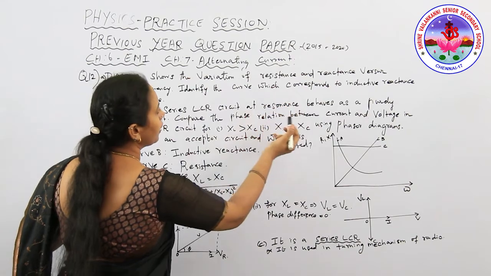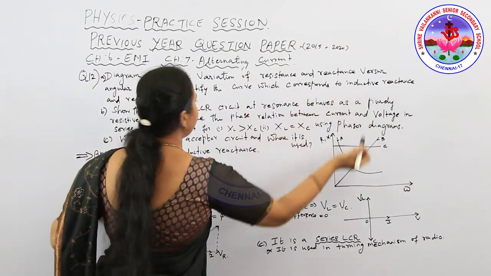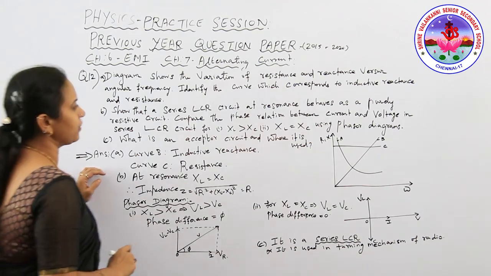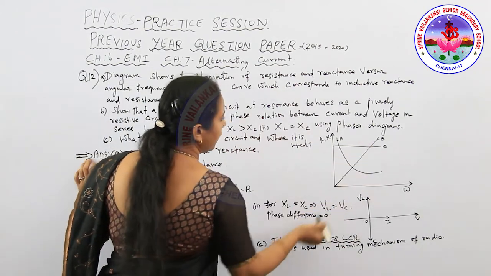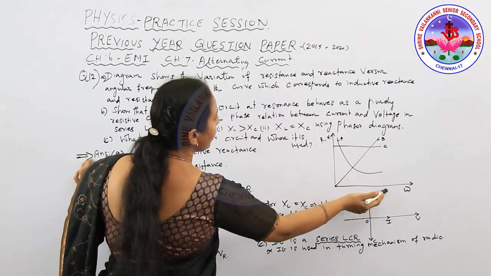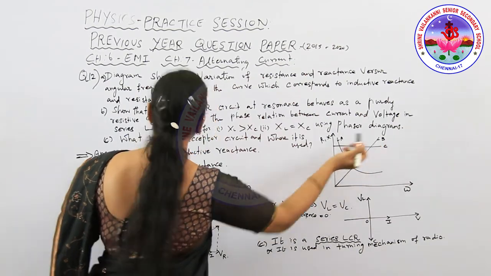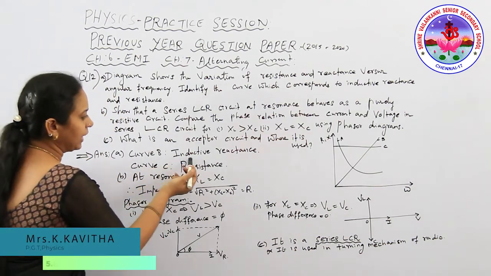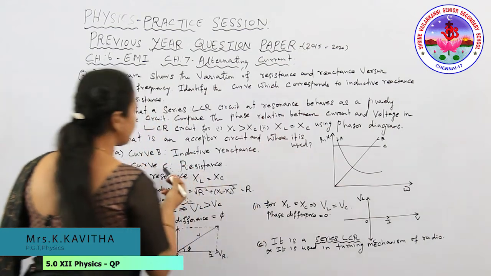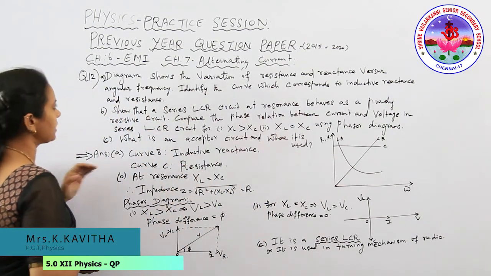Identify the curve which corresponds to inductive reactance and the resistance. For the inductive reactance we can say the curve B, because inductive reactance is directly proportional to the frequency. Okay, so the straight line is curve B for inductive reactance, and curve C is for the resistance.